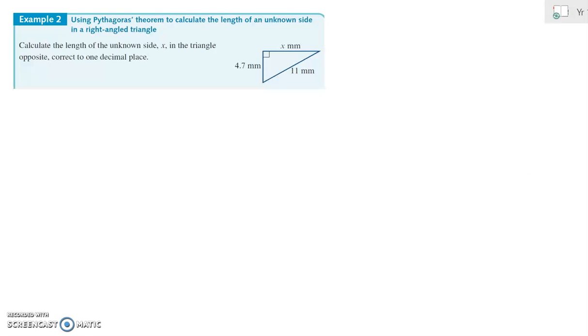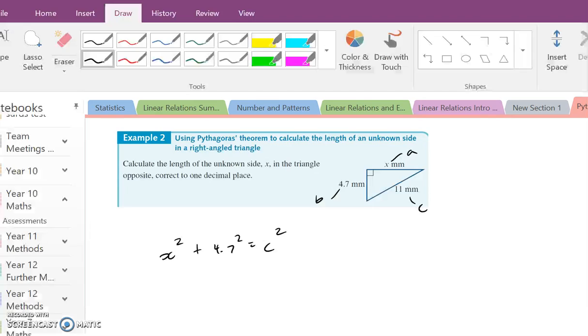So it says calculate the length of x, the unknown side, correct to 1 decimal place. First I would label A, B, and C, C being the one opposite the right angle, and then substitute in: x squared plus 4.7 squared is C squared, which is 11 squared.